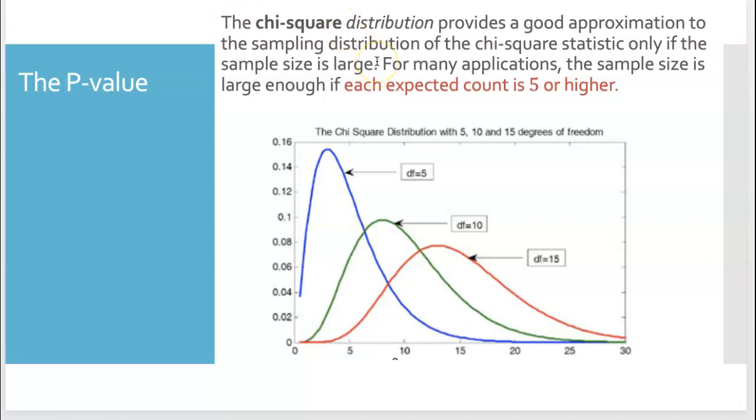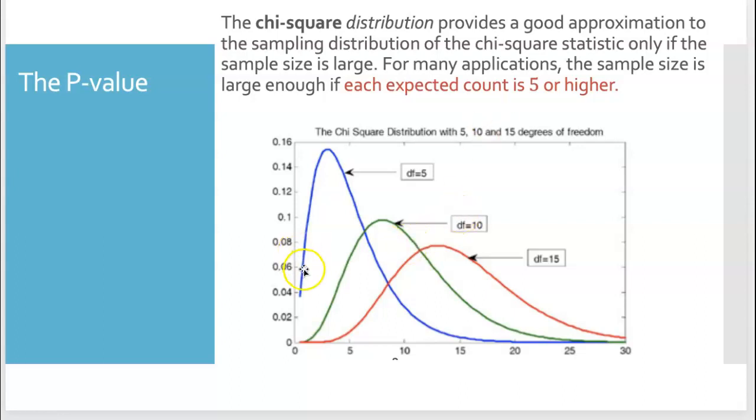So once again, this is another approximation, right? For many applications, the sample size is large enough if each expected count is 5 or higher. Sometimes your observed counts may be less than 5, but what we need to check are the expected counts, which have to be 5 or more within each cell.